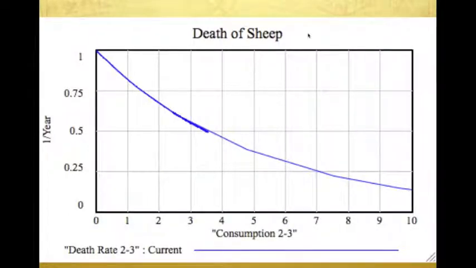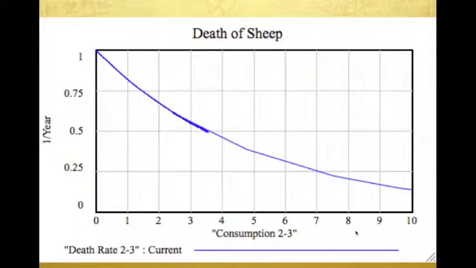Now let's take a look at the rate of death of sheep. As I mentioned before, a similar relationship follows for all the cohorts. I'm showing you the mature cohort, but it's essentially driven by the consumption of grass. The larger the consumption of grass, the lower the death rate.